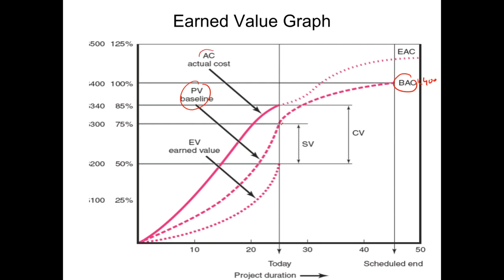Now, this ACL is the actual cost line, and here you can see this project is being reported on the 25th day of this project, and we can observe here that the actual cost spent to this date is 340, which compares to the planned spend of 300. So according to the plan, we should have spent this much, but we have spent 40,000 extra. Based on this, we can extrapolate to get the estimated cost at completion.